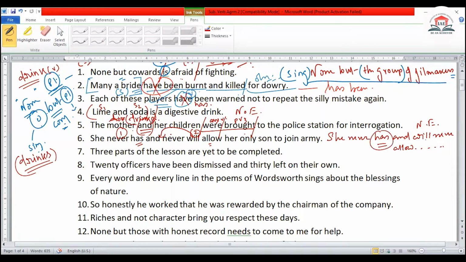Has and will. See, both are auxiliary verbs. They should come before the principal verb. Right? Now see, has. It means what? Perfect tense.